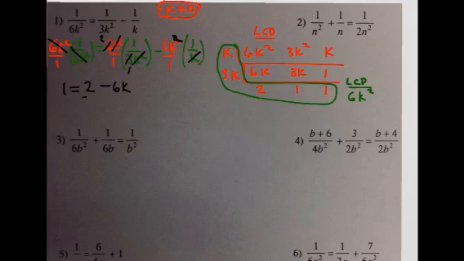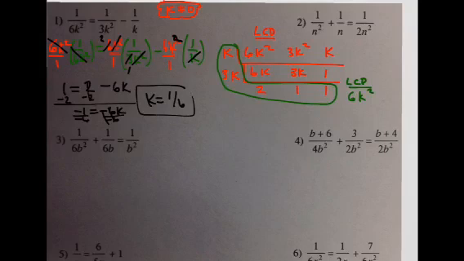Move the 2 over, subtract it from both sides. Divide by negative 6, and so k is 1 over 6. And this is fine because the excluded value is 0, so your answer is k equals 1/6.